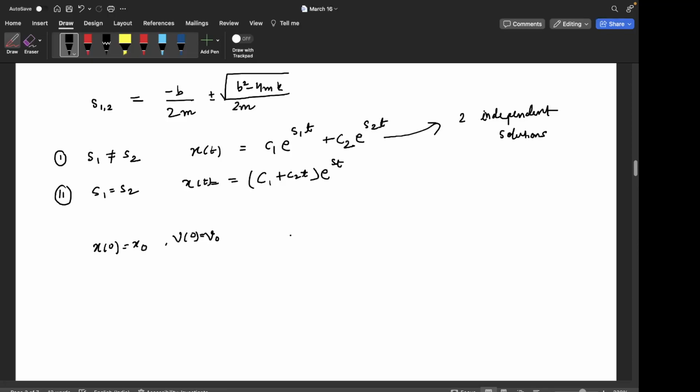Let's say for x(t) with S1 not equal to S2, x0 is equal to C1 times e to the power 0, which is 1, plus C2 times e to the power 0, which is 1, so C1 plus C2.